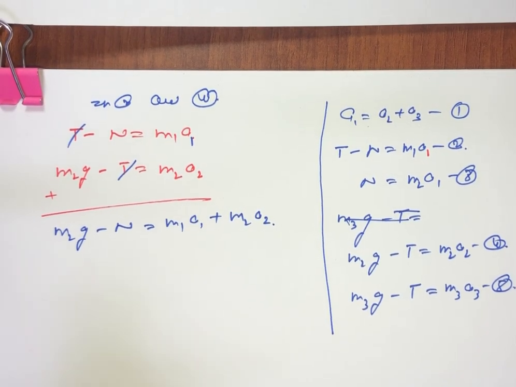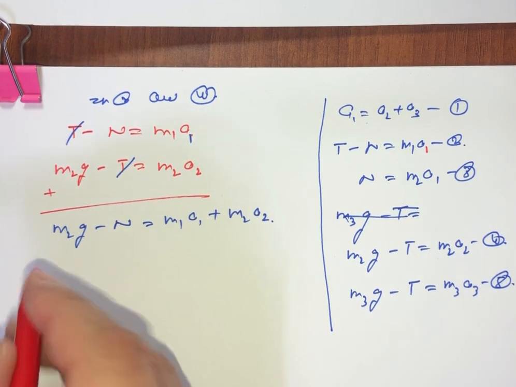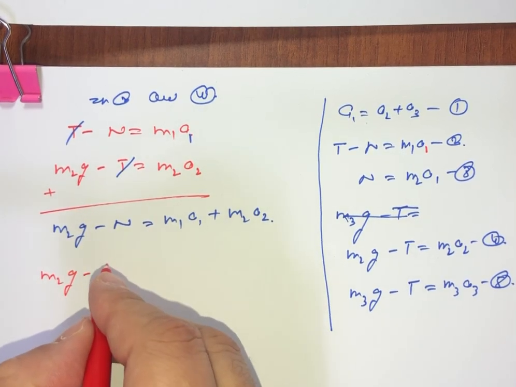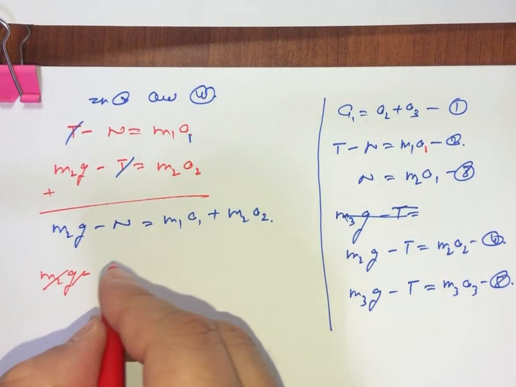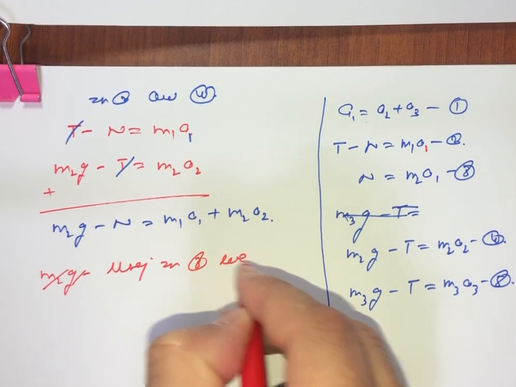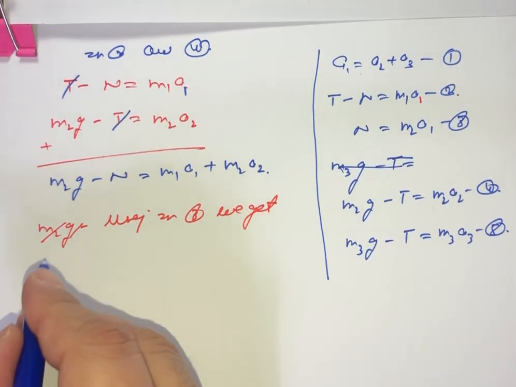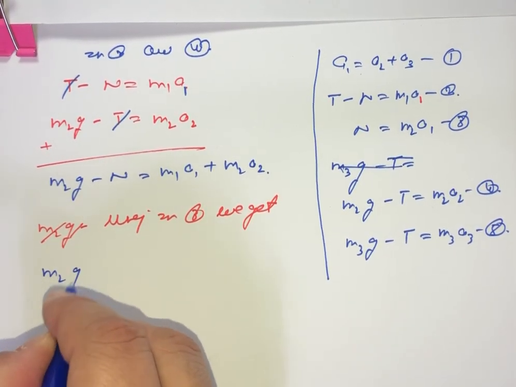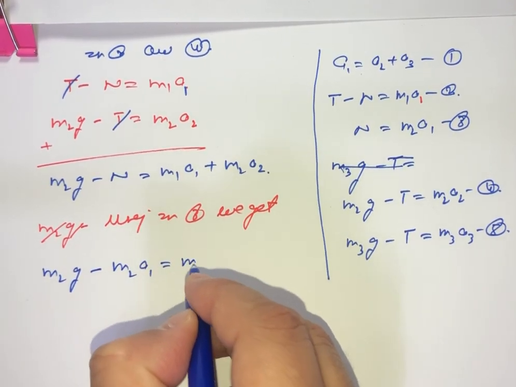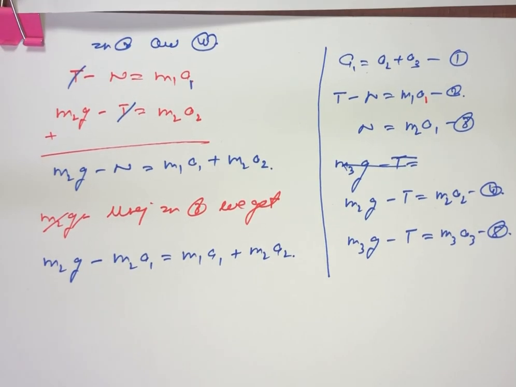We substitute the values, and N is our M2a1. Using equation 3, we get M2g minus M2a1 is equal to M1a1 plus M2a2.